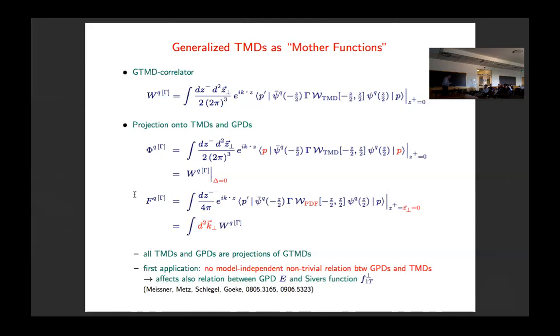We knew already that this relation can never have a model-independent status, but we wanted to make the argument as explicit as you could make it. And what you can do is, since the GPDs and TMDs are just projections, you can relate E and the Sivers function to the overarching GTMDs, and then you just see that they are projections of totally different functions.